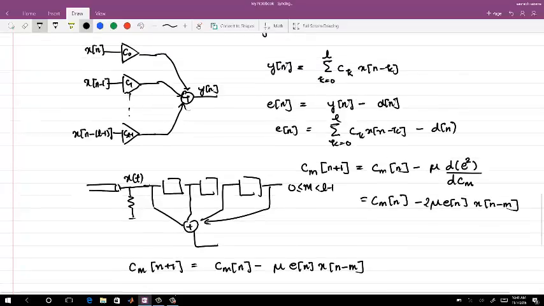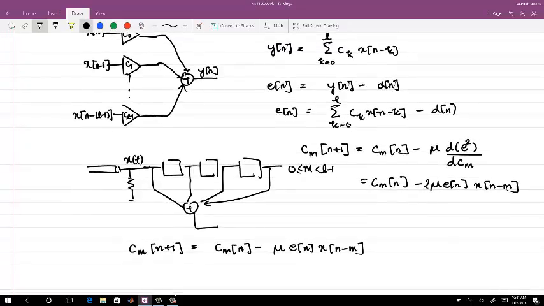If you look at the figure I drew before, you see the C1 coefficient has x of n minus 1 as the input, so the equation takes that into account. The Cm coefficient has x of n minus m as the input.